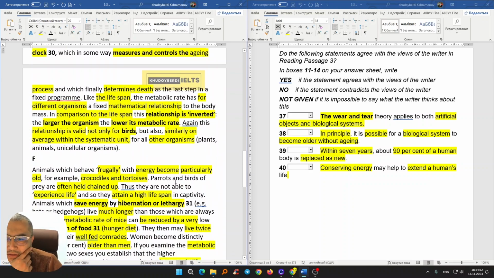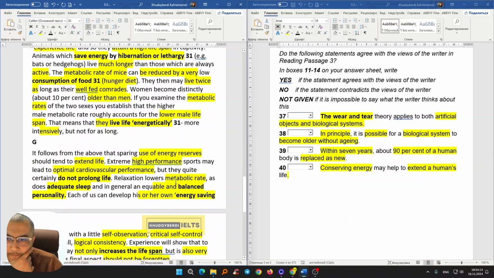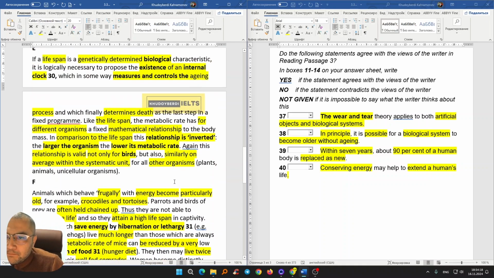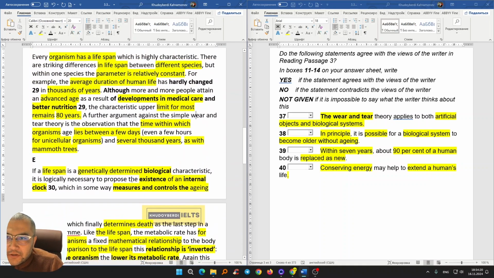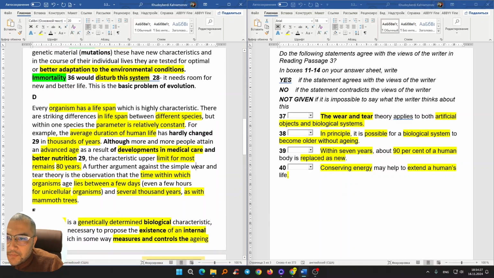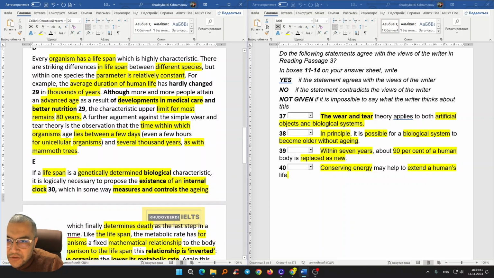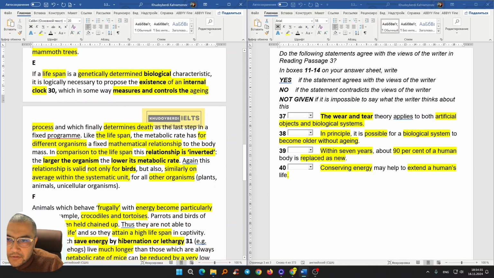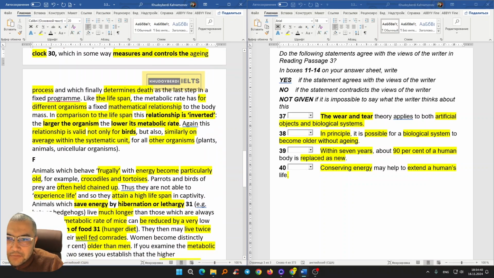Where was this word? I think it was here. Just wear and tear. So obtain, malnutrition. I'm just trying to look for the words wear and tear so as to locate the statement given in the text.